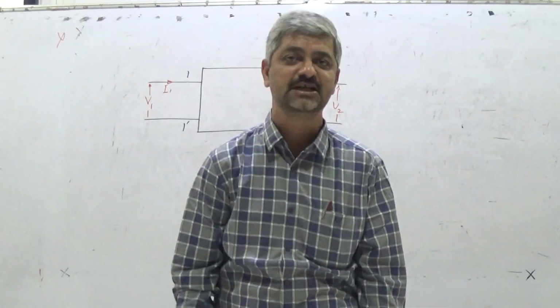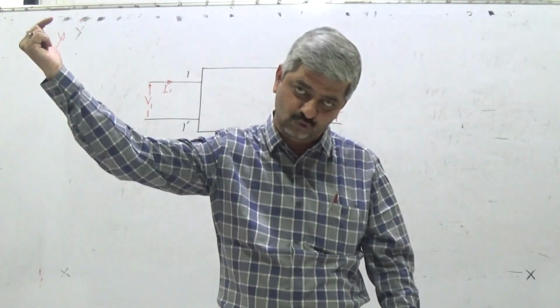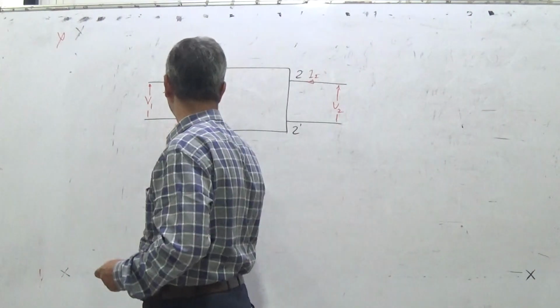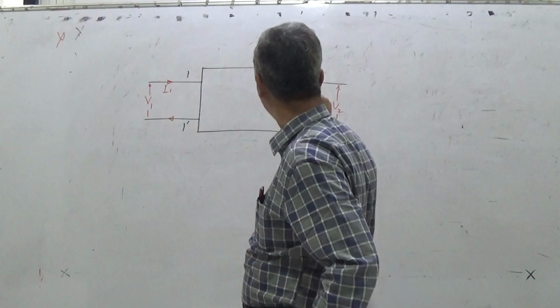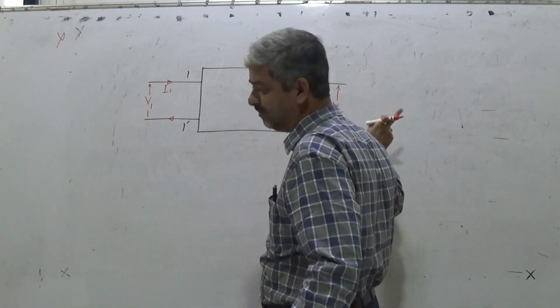In a gist, there are two voltages and two currents. V1, V2 are measured from 1, 1 dash and 2, 2 dash; I1 is the current entering into 1, and it is obvious that the same must leave from 1 dash. I2 is the current flowing into the network from 2 and exiting from 2 dash.